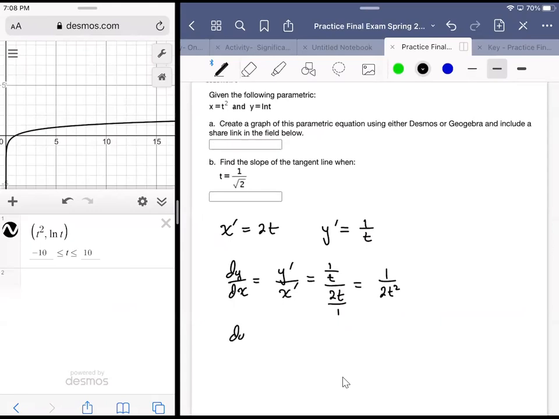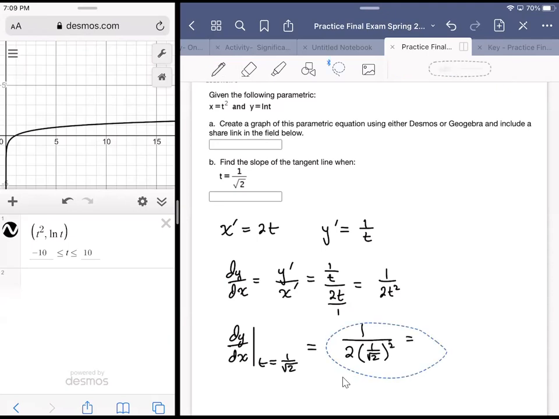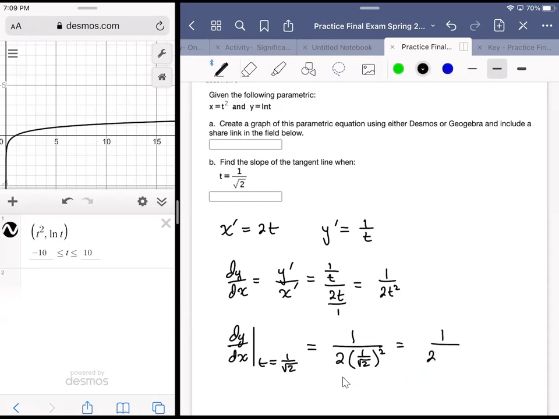So we would want dy dx when t is equal to 1 over the square root of 2. So 1 over 2 times 1 over rad 2 squared, which is 1 over 2 times a half, which is 1 over 1, which is 1.